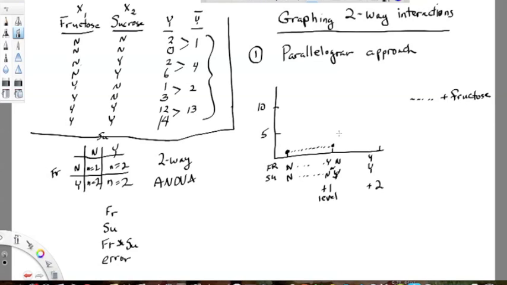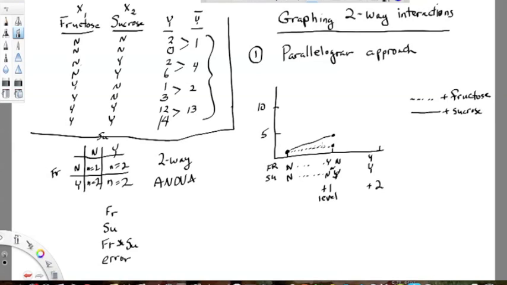And we can see that the mean of our plus sucrose one is 4, so that'll be a little bit higher, right? So we will plot that right about here. And adding sucrose, we're going to symbolize with a solid line. So a solid line is plus sucrose.